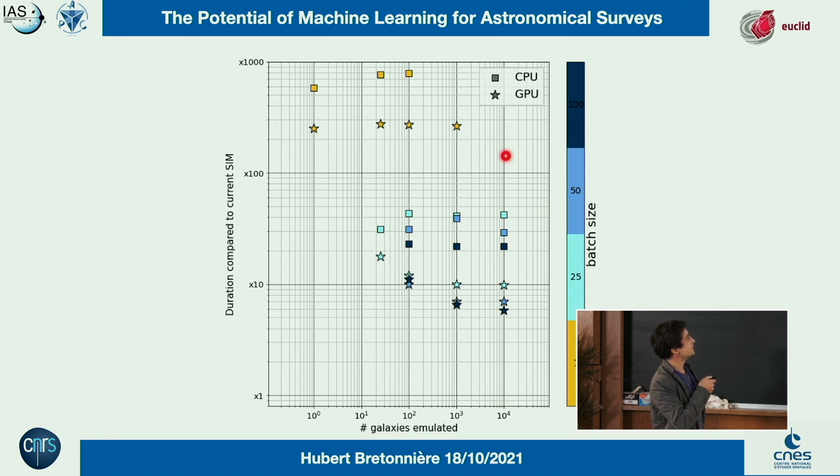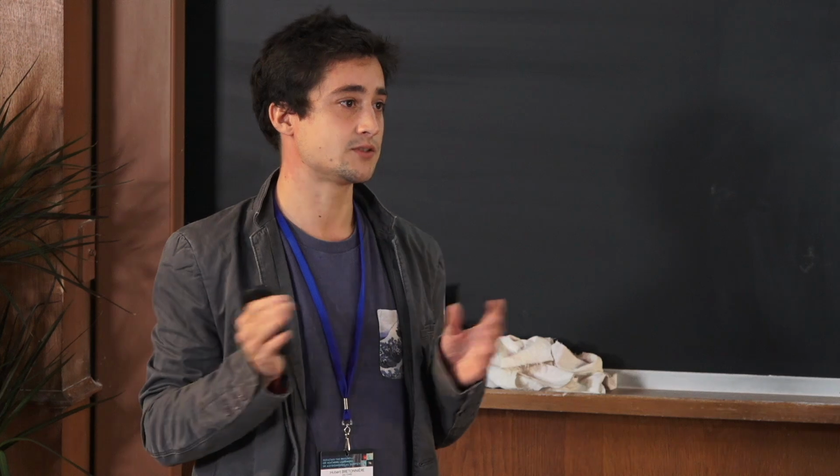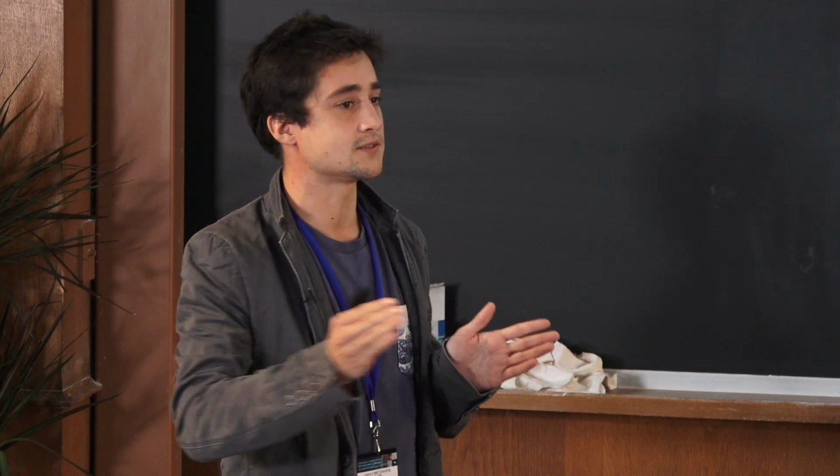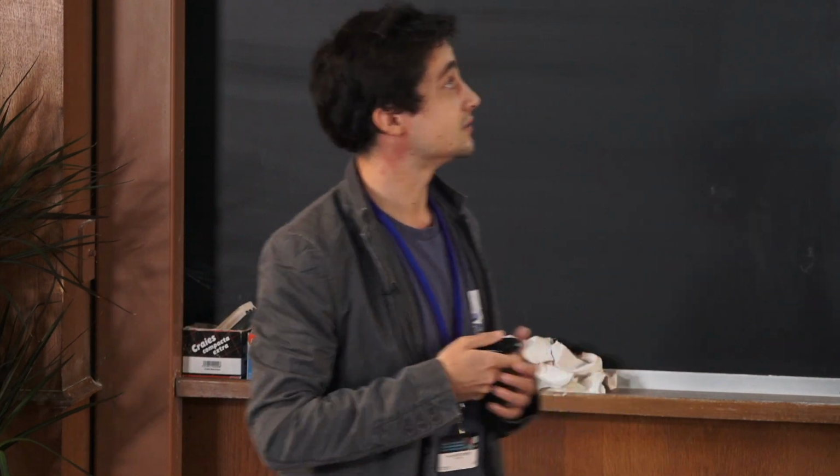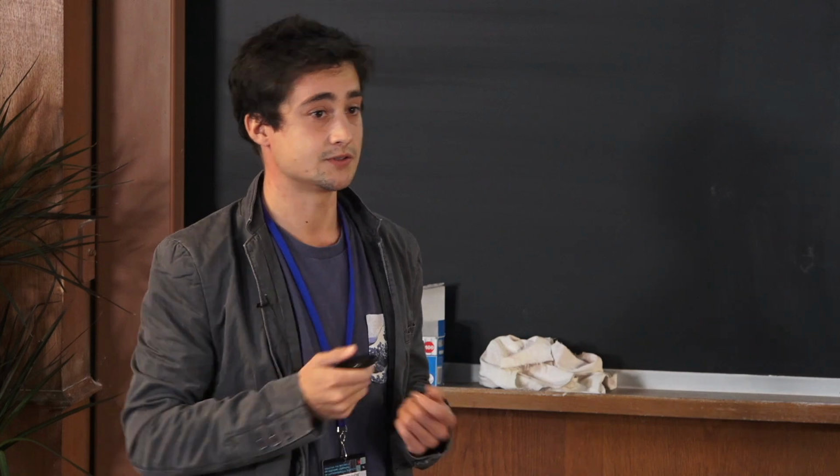And so it goes really faster when you use a different batch size. And so this is also a thing you need to think about when you are creating your pipeline, because, for example, in Euclid for now, the pipeline is made so one galaxy is produced at a time. And so we can't really use batches in the simulation. And so this is a big bottleneck for using deep learning in the current Euclid pipeline.